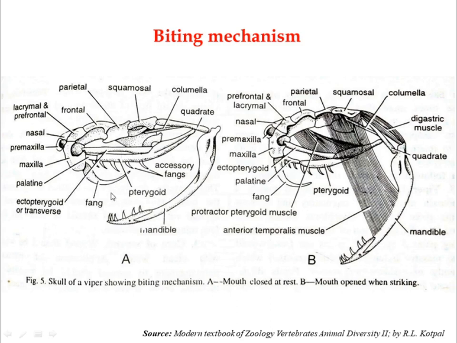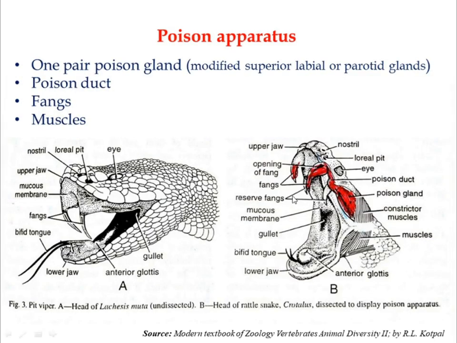Along with all these processes taking place in the skull bones, simultaneously there is a contraction of the constrictor muscles which surround the poison gland.